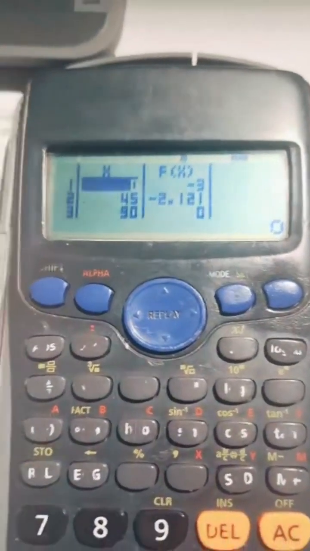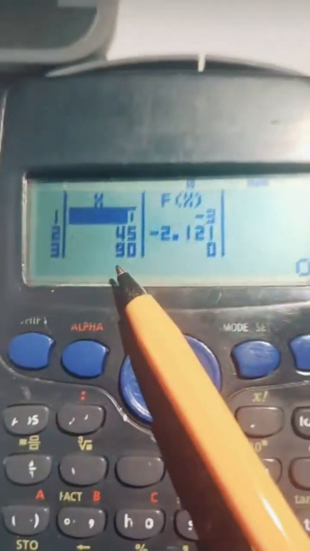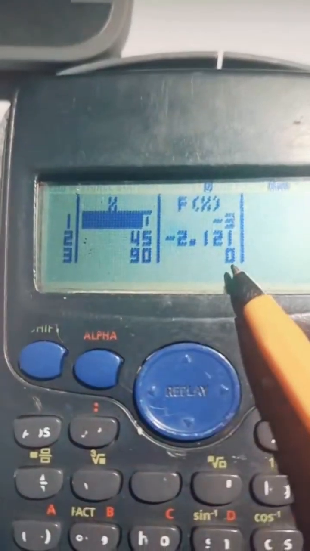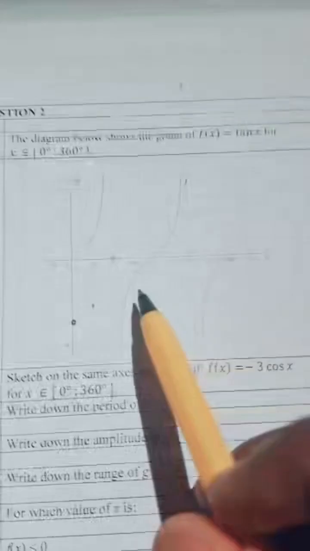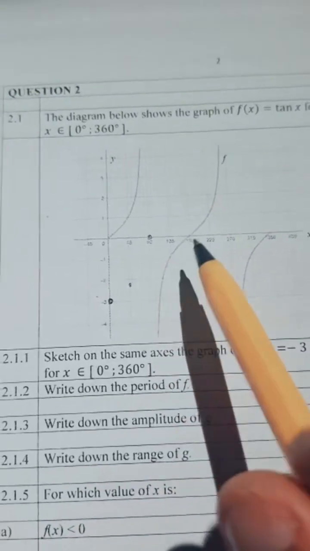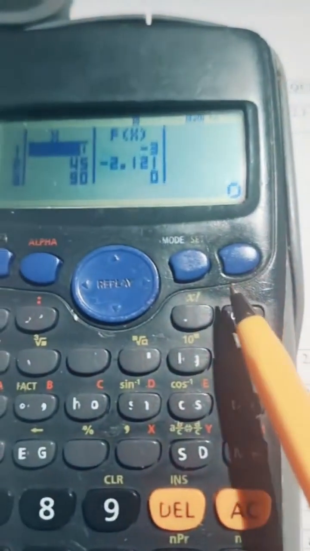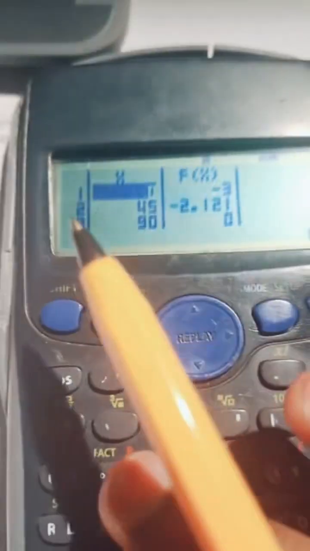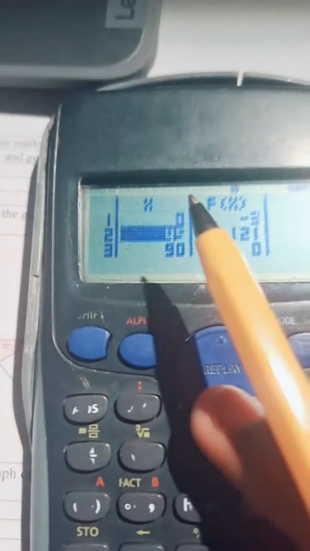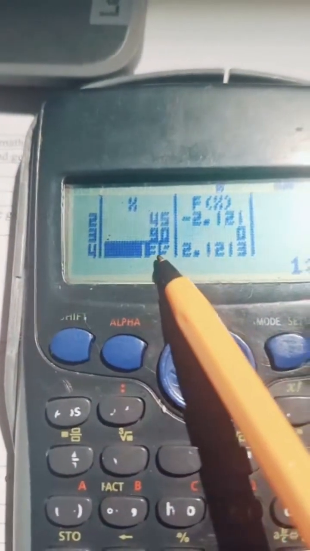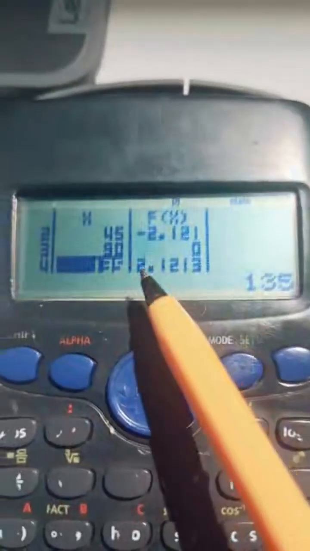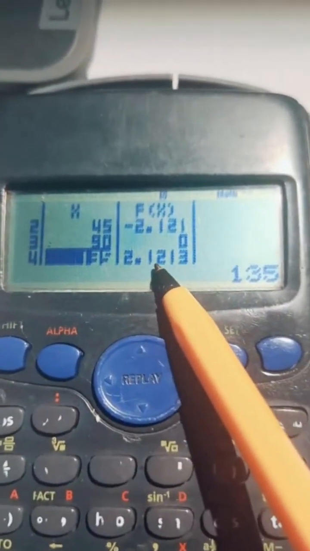Okay, so when x is 90, y is 0. So when x is 90, we are at 0 there. Then we go down and look at the other values. X is 135, y is 2,121.